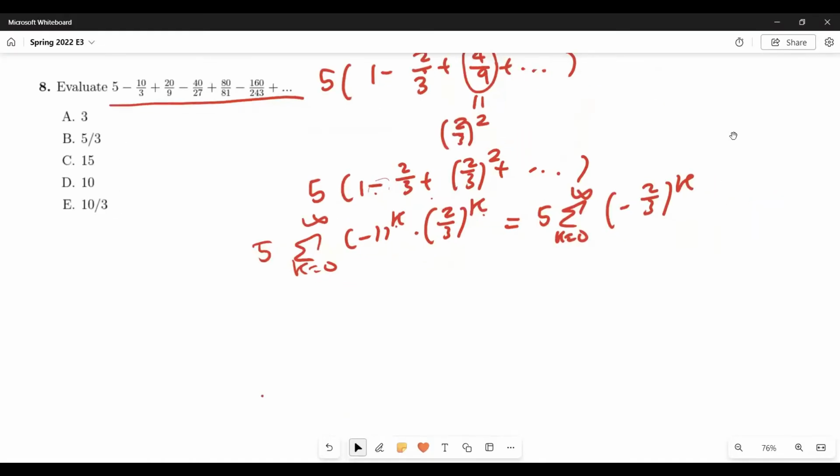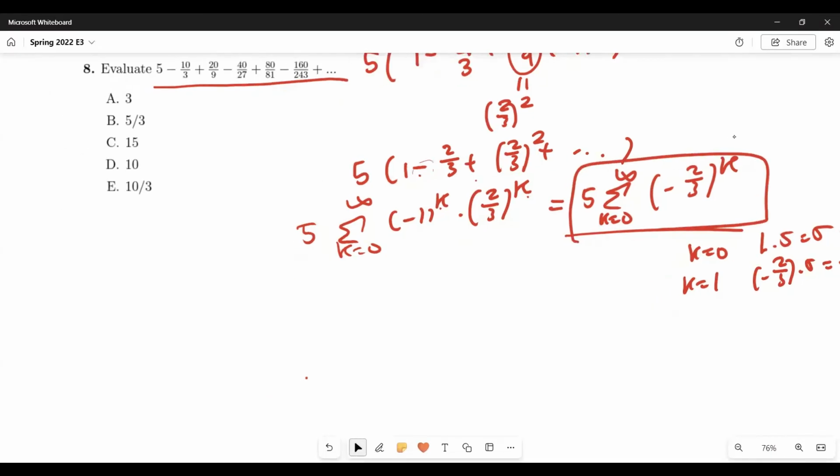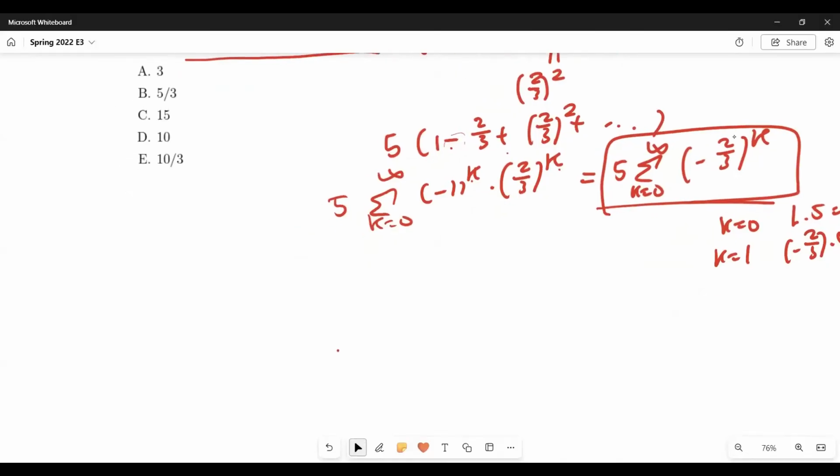Now let's check whether this is actually working. K equals 0 gives 1 times 5, which is 5. K equals 1 gives negative 2 over 3 times 5, which is negative 10 over 3. So the sign is changing and the value is right. This means this equation works for finding our geometric series sum.